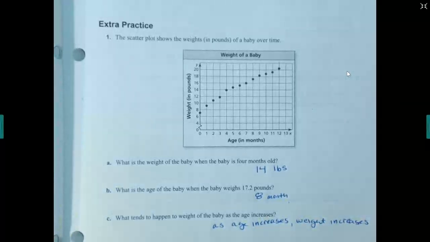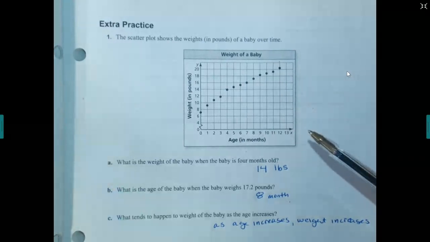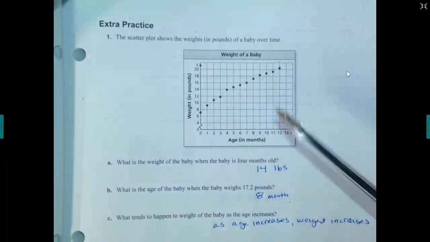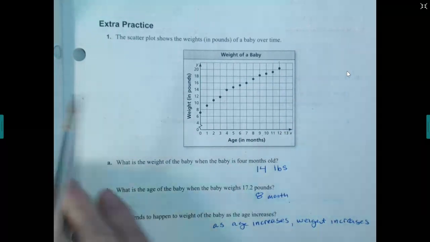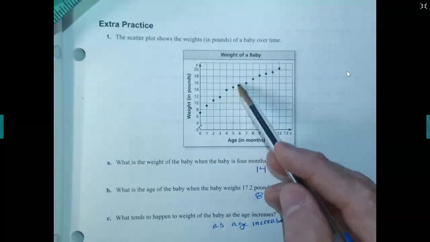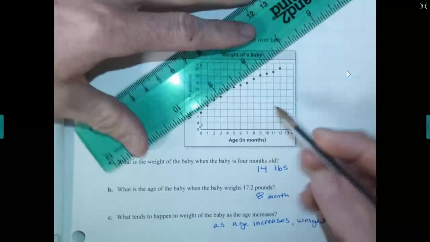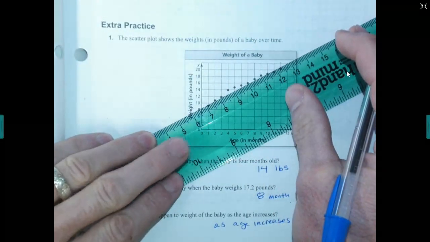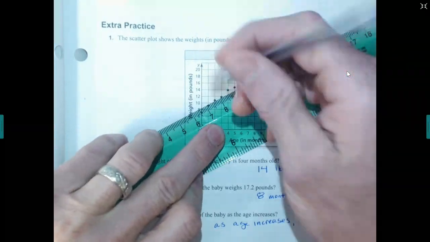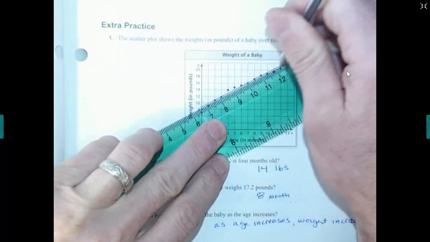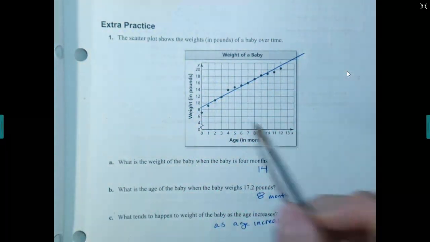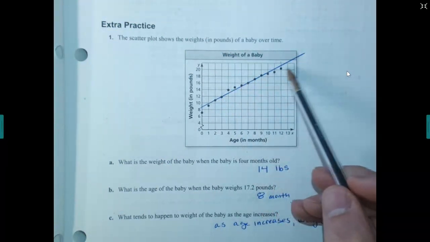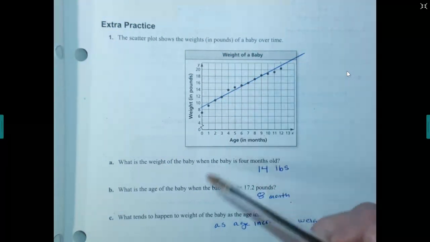Alright, and what we're going to do actually is we're going to show how to make a linear equation out of a scatter plot. So as we can see, this isn't an exact line. So we're going to go ahead and try and make a line with a similar number above and below. That's pretty good. We have a couple below, we have a couple above, a couple below. So that's an okay line right there.